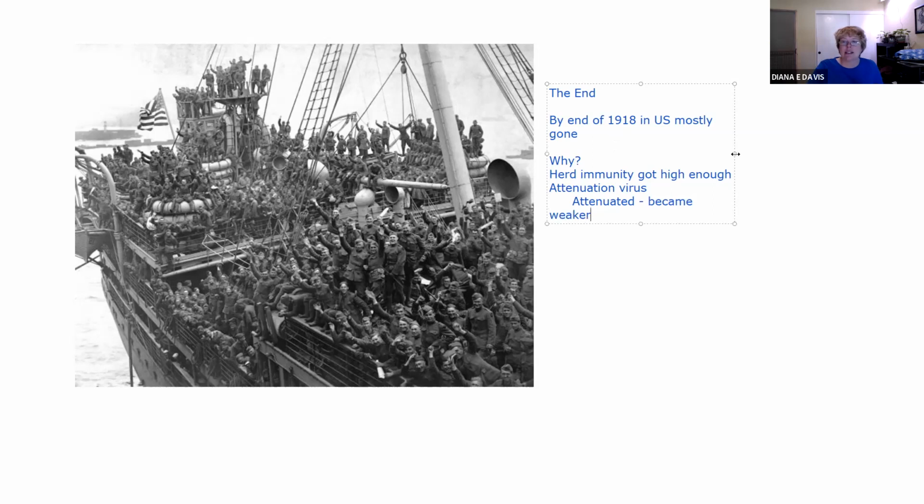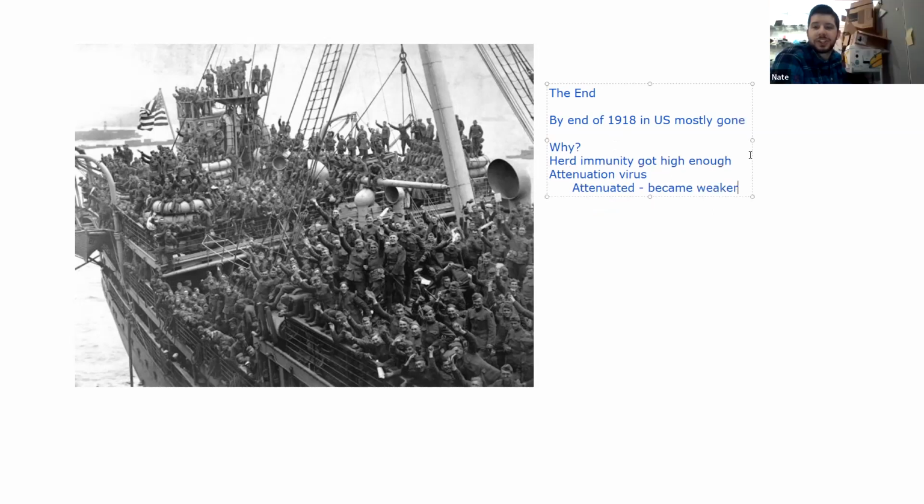Is that when the virus naturally becomes weaker over time? Naturally or artificially, yes. We use it. Artificially would mean through the success of vaccines, right? Artificially means we've modified it in the lab to make it weaker because we need it for a vaccine. Okay, thanks. You're welcome. So attenuated, yes, it became weaker.